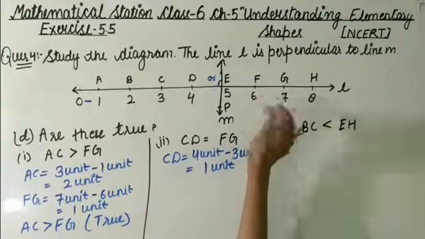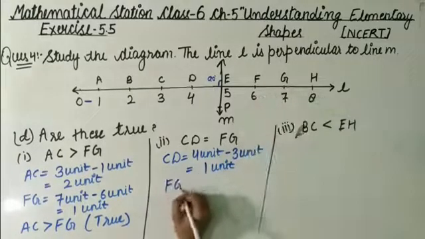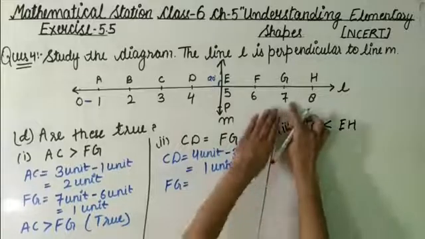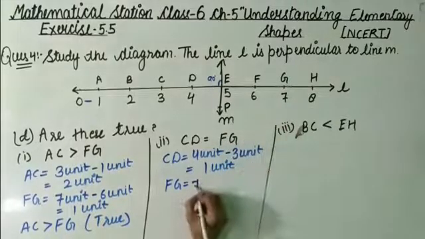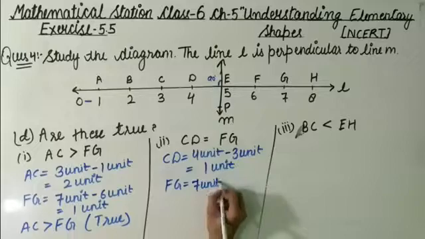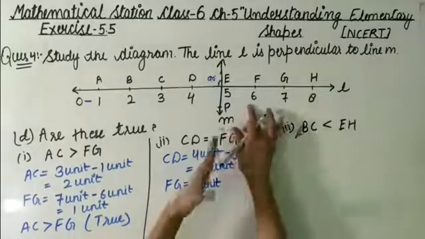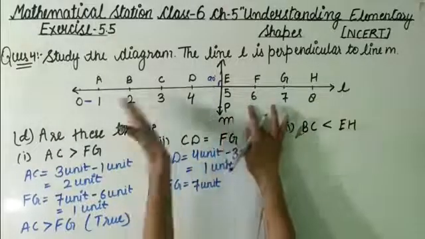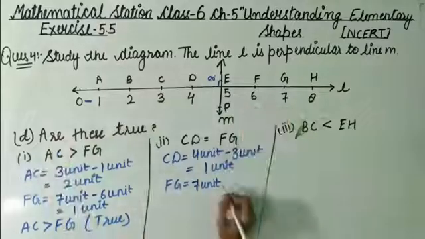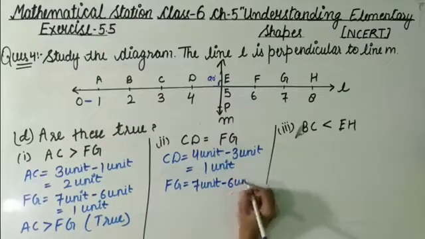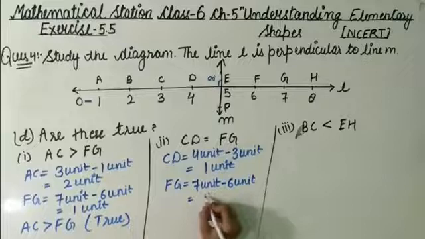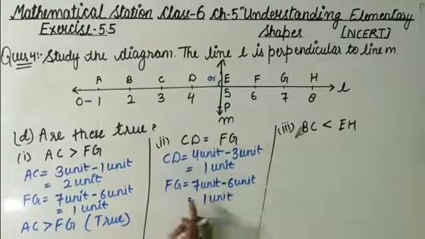Okay, next is FG. On G there is 7 unit and on F is 6 unit. So 7 unit minus 6 unit equals 1. So CD equals FG, and this statement is true.